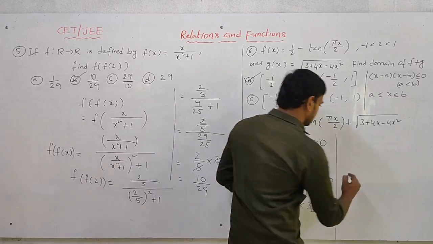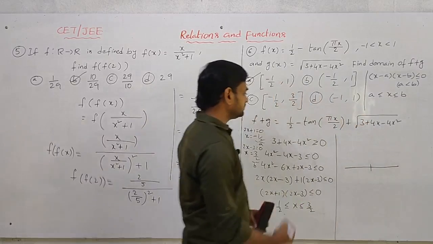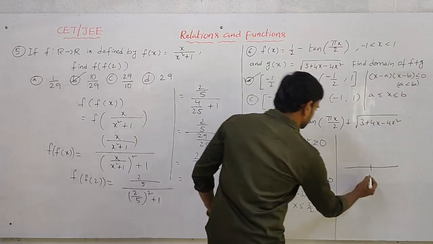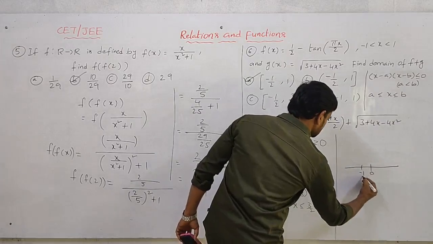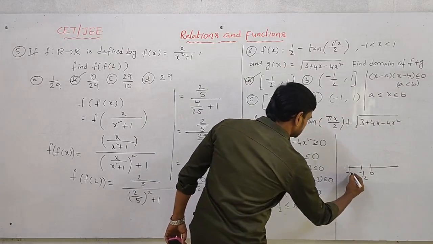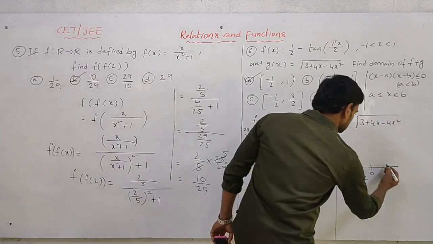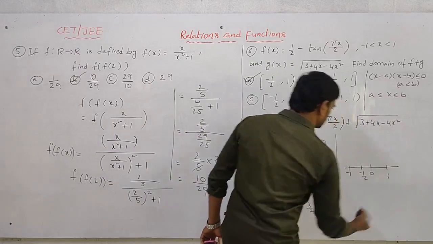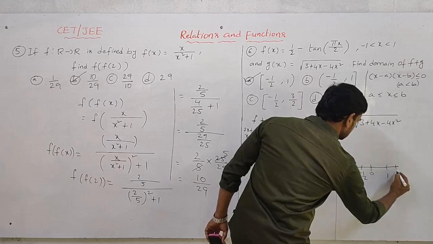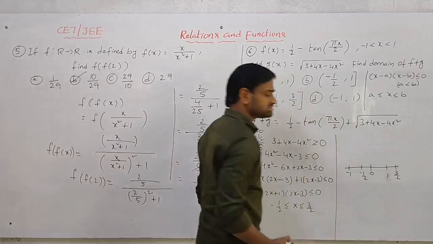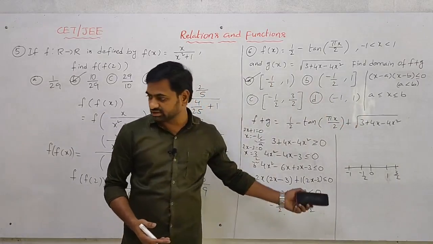Now I am taking a number line. This is 0 and this is minus 1 by 2. This is minus 1, next this is plus 1, and this is 3 by 2, which is 1.5. Now see the intervals.